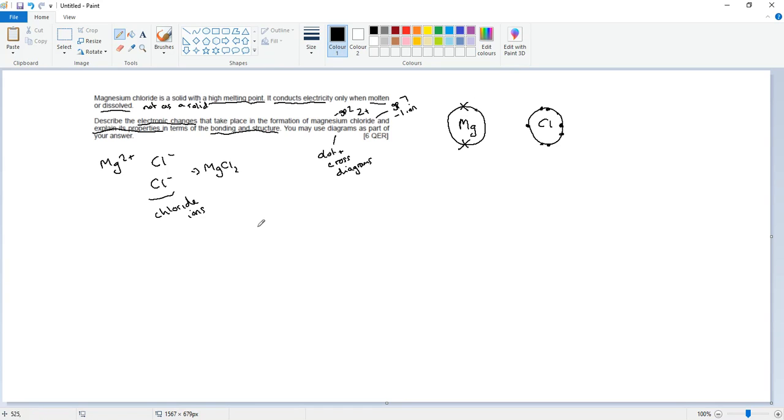So when we do this, let's write some notes for later. The metal, so the Mg, loses 2 electrons to become Mg2+, and the chlorine is going to gain 1 electron to become Cl-, and that is to get a full outer shell.